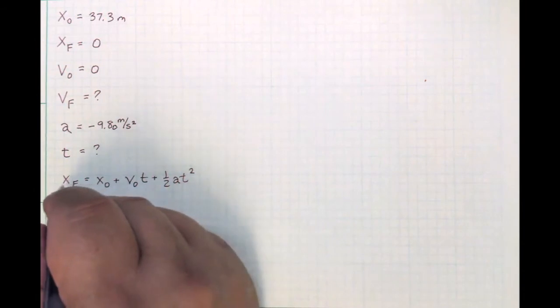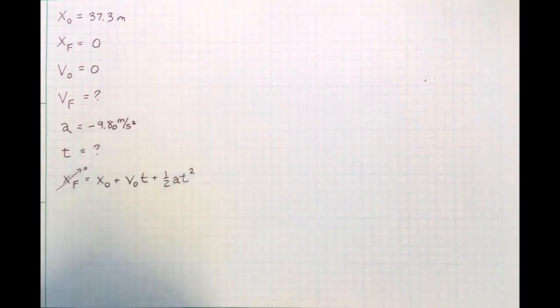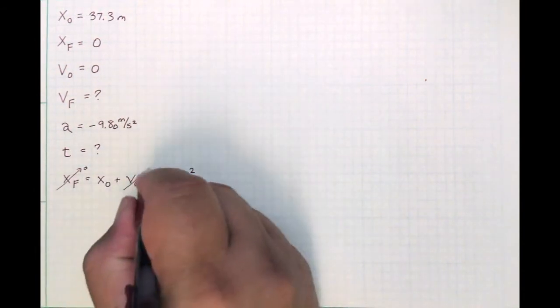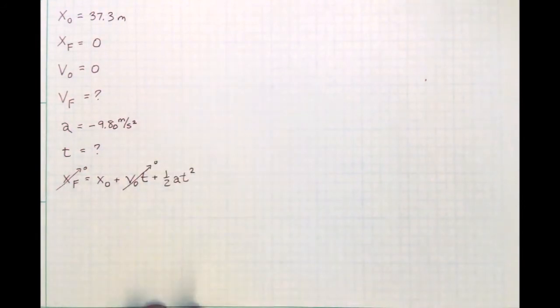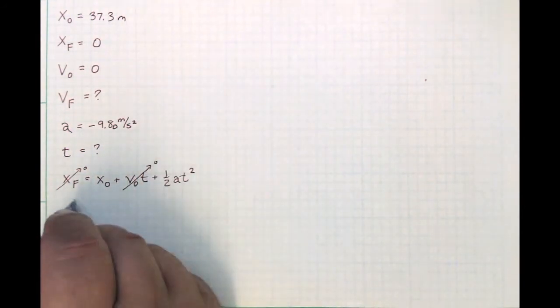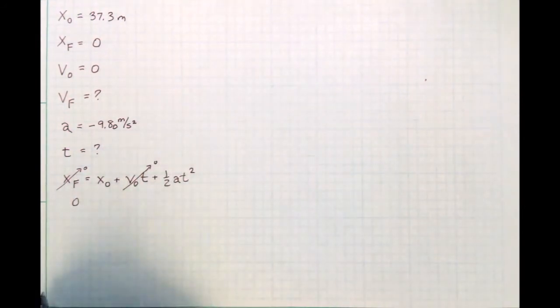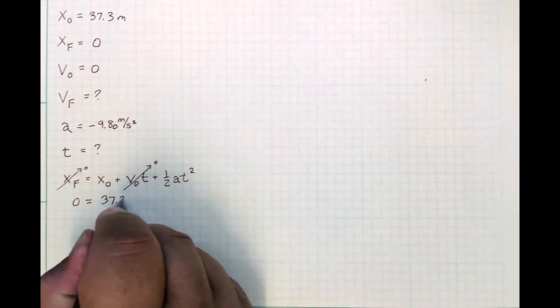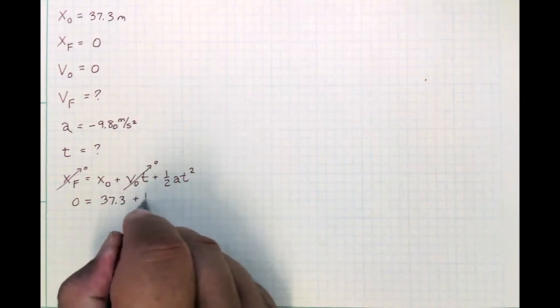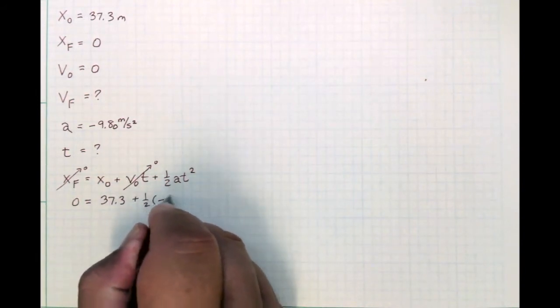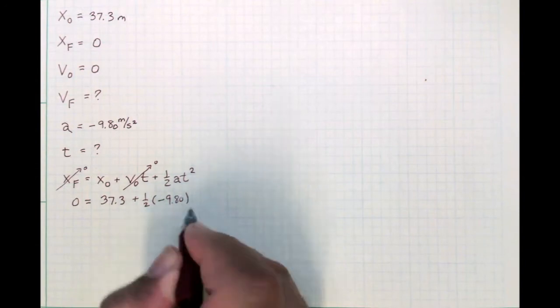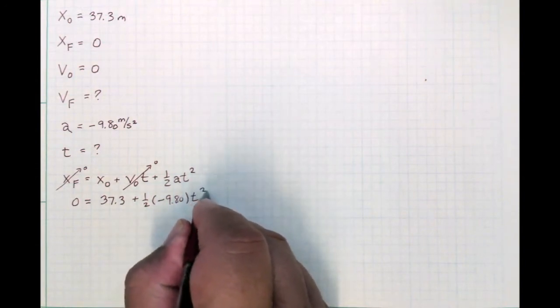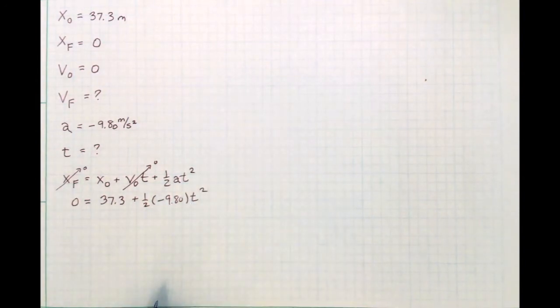The final position is going to be 0, and the initial velocity is 0. So we see that the equation has become simplified with 0 final position. The initial position is 37.3, and the acceleration is negative 9.8. That negative sign is very important.